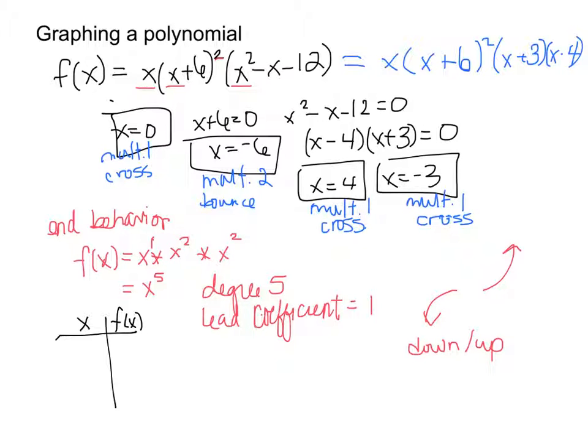And my suggestion would be that we probably want to think about something like 10 or -7. Let's go with -7. X, f of x.